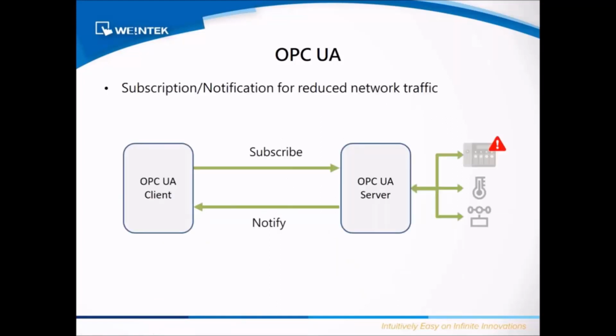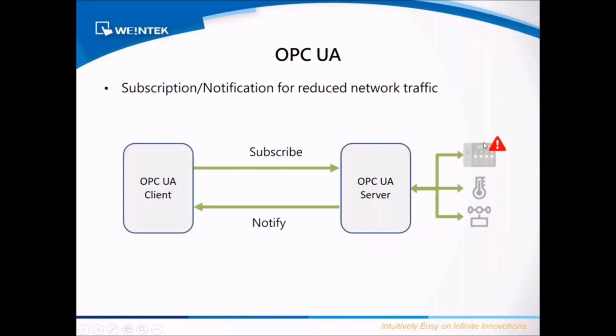And one more thing is that OPC UA supports subscribe and notification mechanism. So with this mechanism, first, the client will send a subscribe message to the OPC UA server saying that the client wants to subscribe to events on the PLC device, or to the thermostat, or to some different valves.